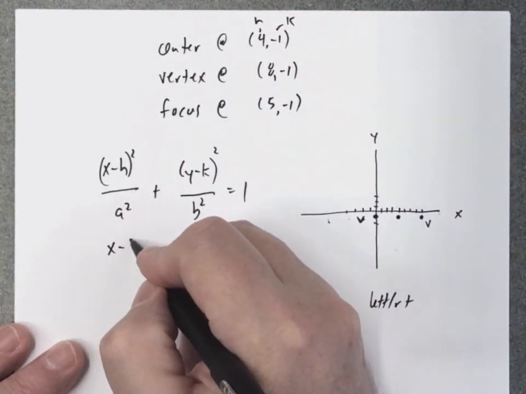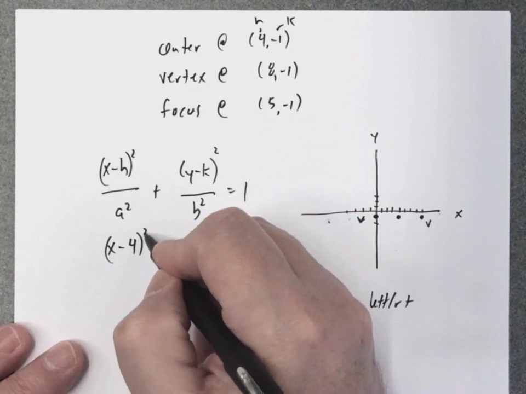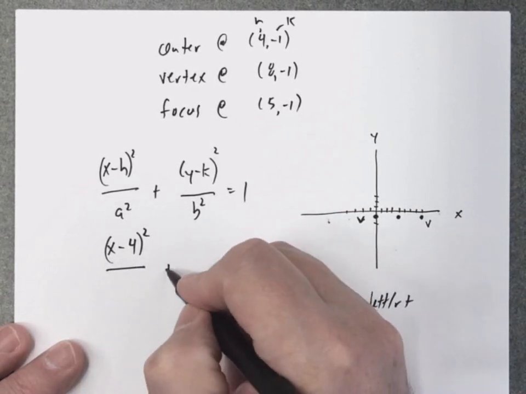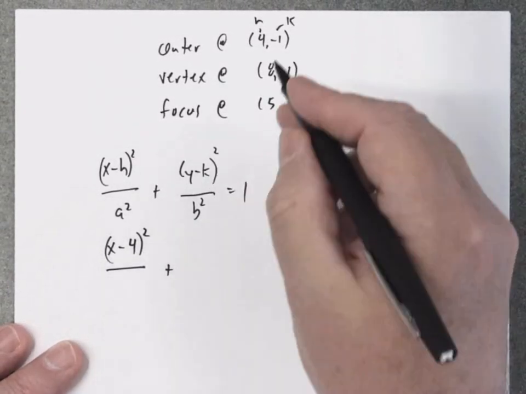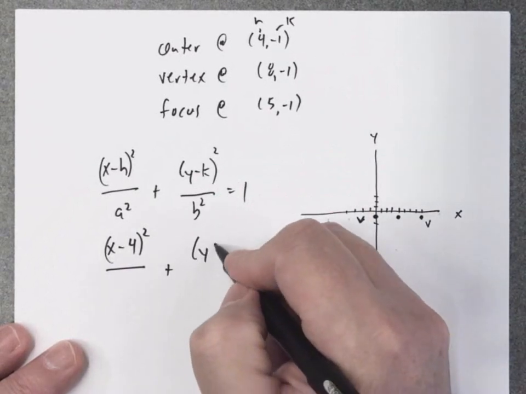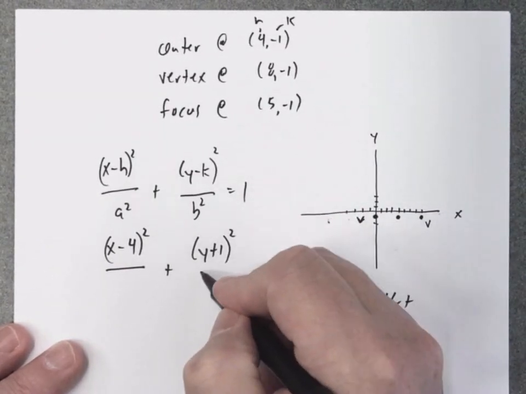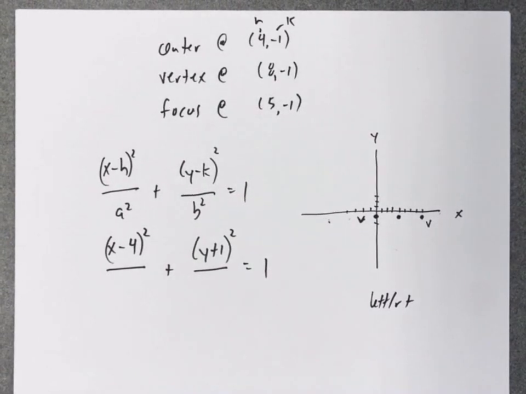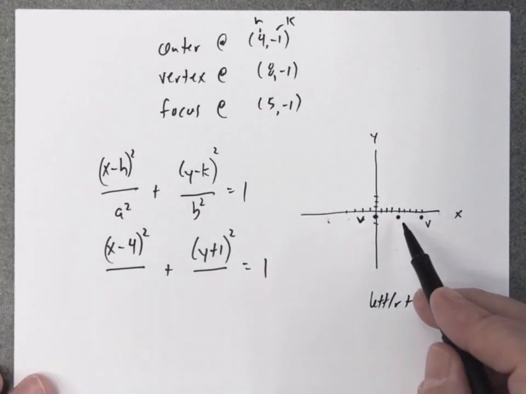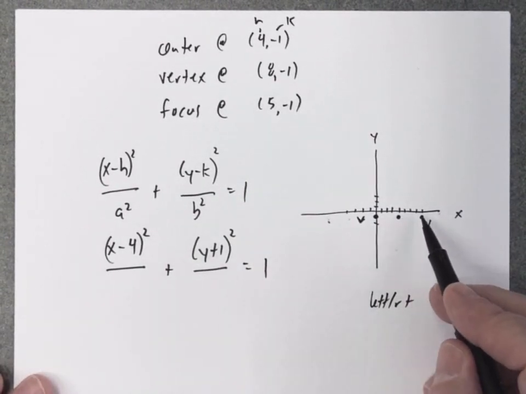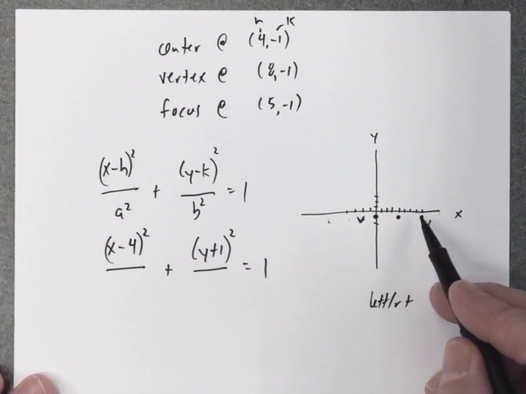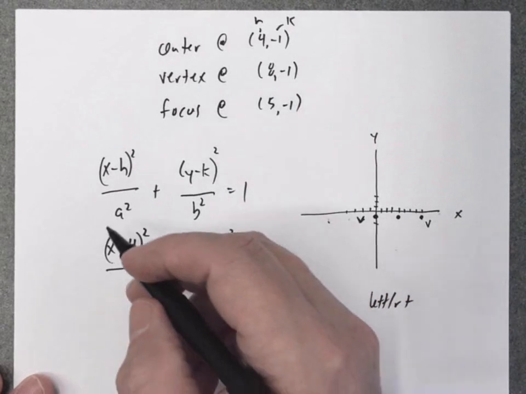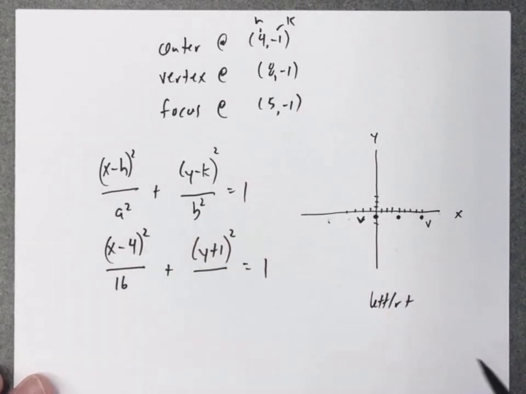So I plug in a 4 for h, I plug in -1 for k. Now I know the distance a, because from the center to the vertex is 4. So a is 4. If you square that, it's 16.